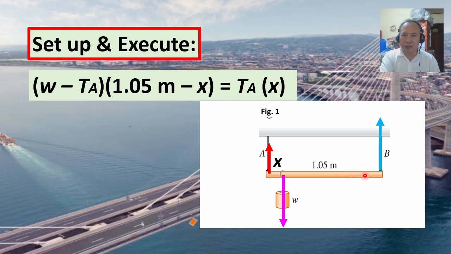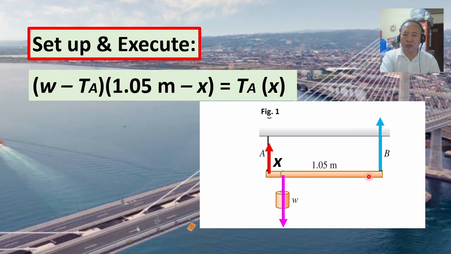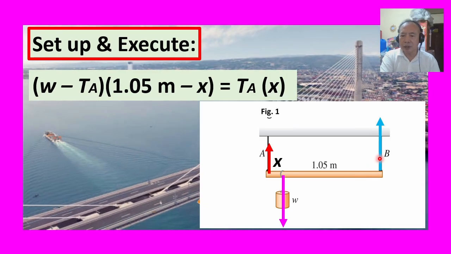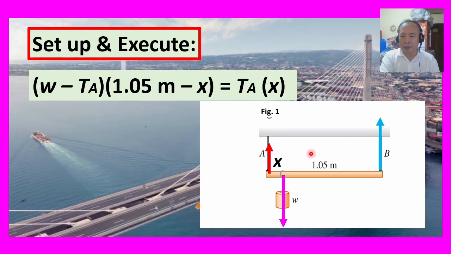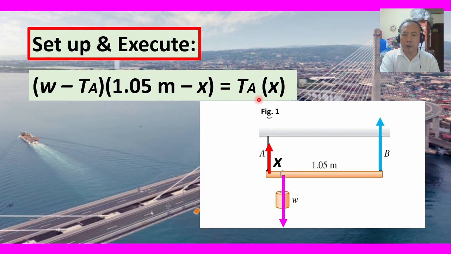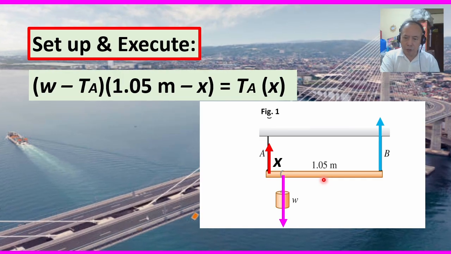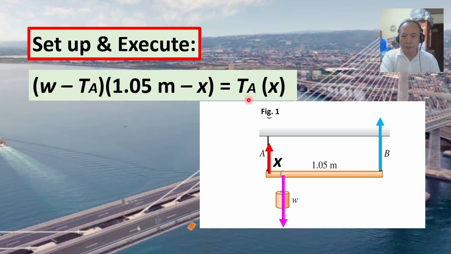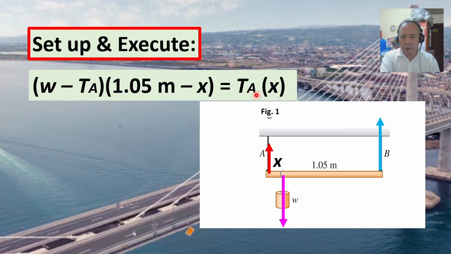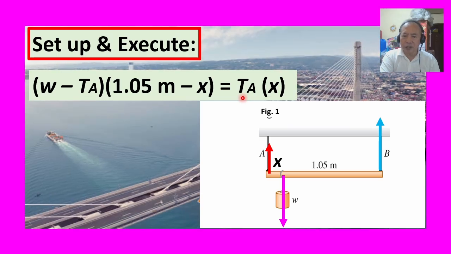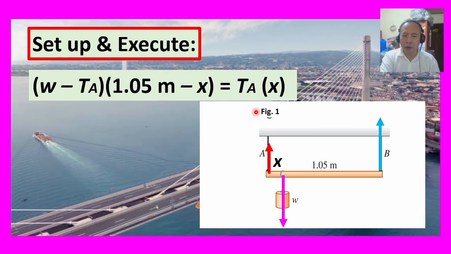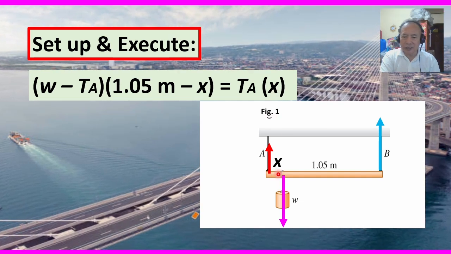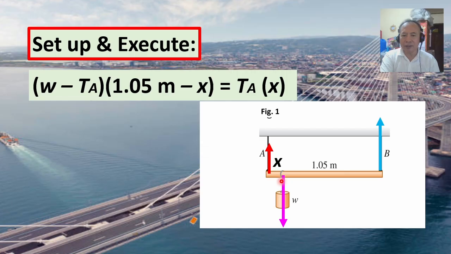Since the rod remains in rotational equilibrium, there must be another torque that counteracts this particular torque. And that is nothing but the torque produced by the other force to the left of the axis of rotation. That is the term on the right side of the equation: the product of the force T sub A, or the tension in wire A, times its corresponding moment arm, which is the distance x.